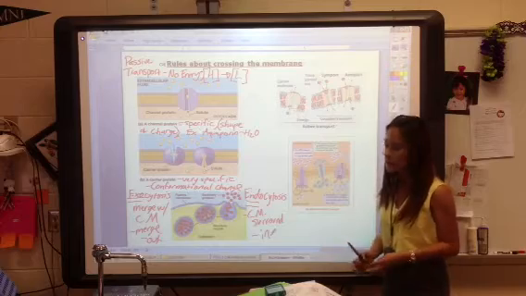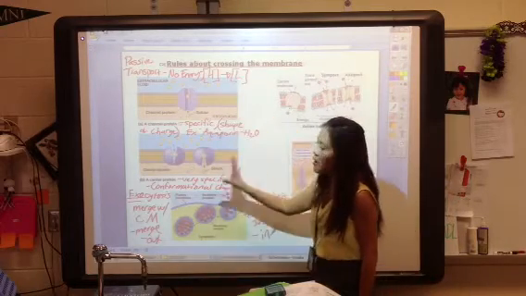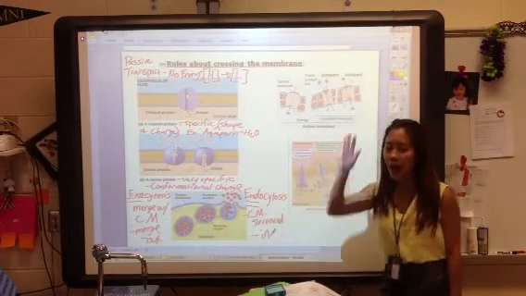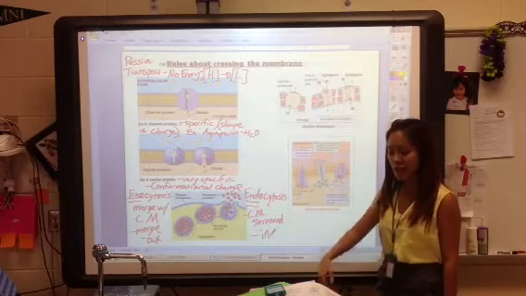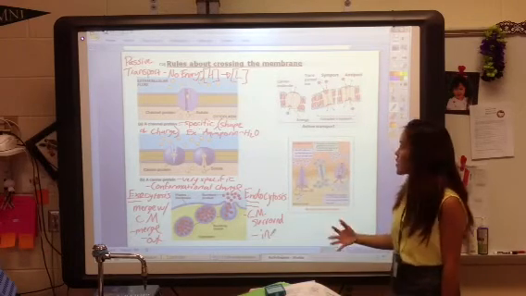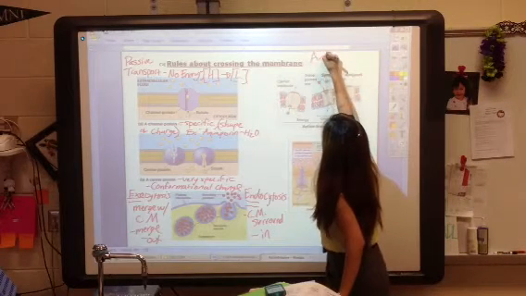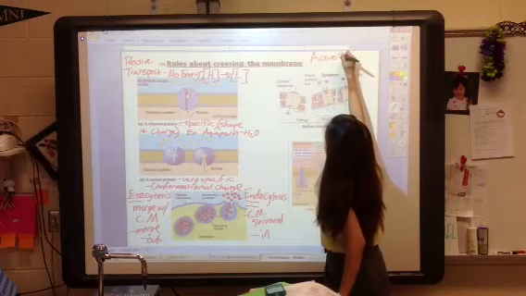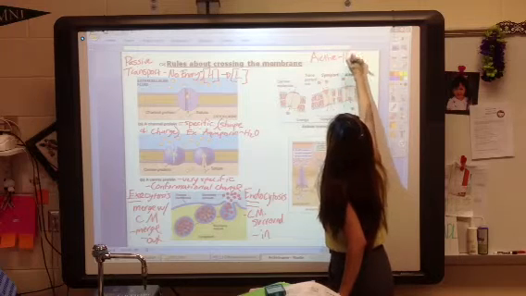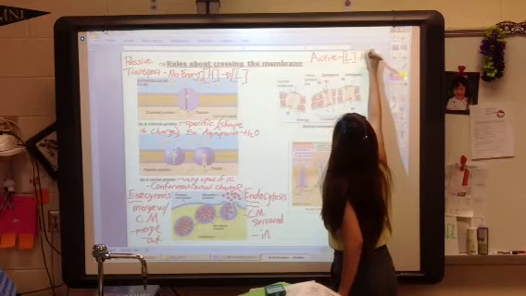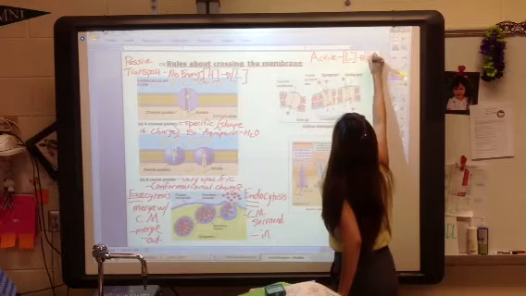Okay, pretty easy. So again, keep in mind that all three of these are going from high to low concentration. You're not going to require energy. On the opposite hand, we have active transport, and active transport is going to move from low concentration to high concentration.